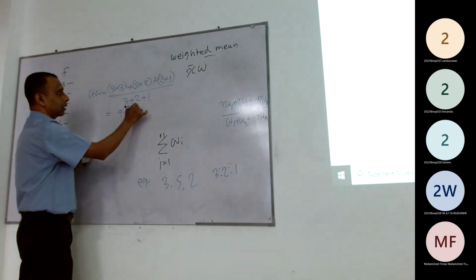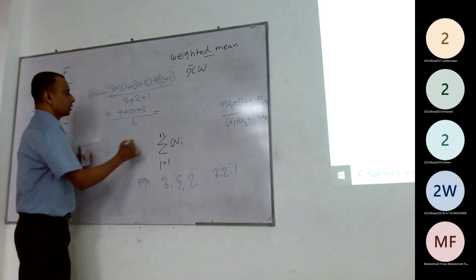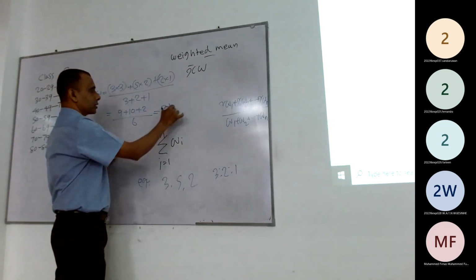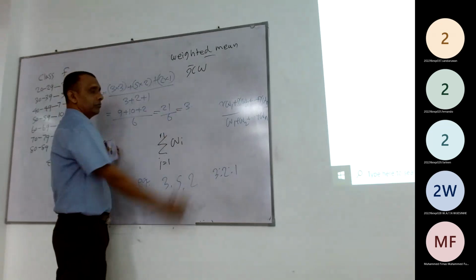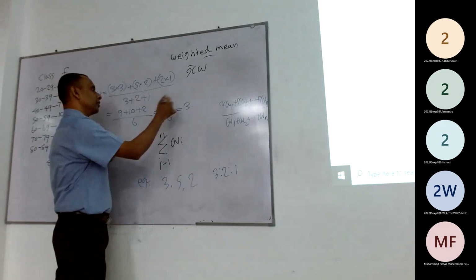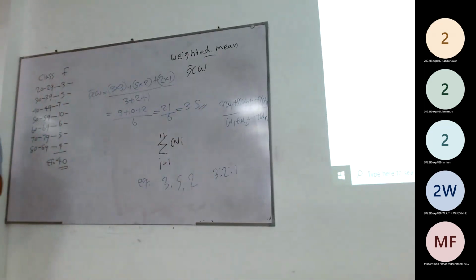That is 9 plus 10 plus 2, which is 21, divided by 6. That gives 3.5. Okay, the answer is 3.5.